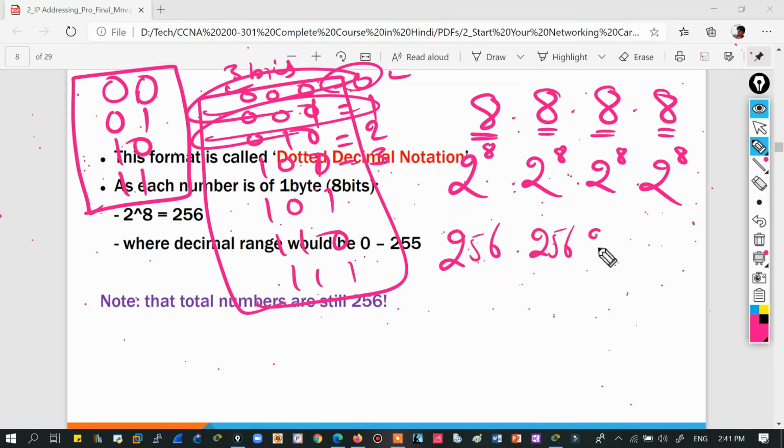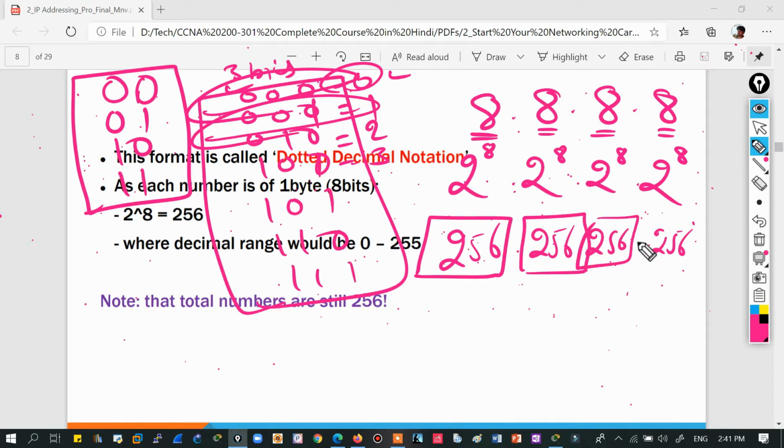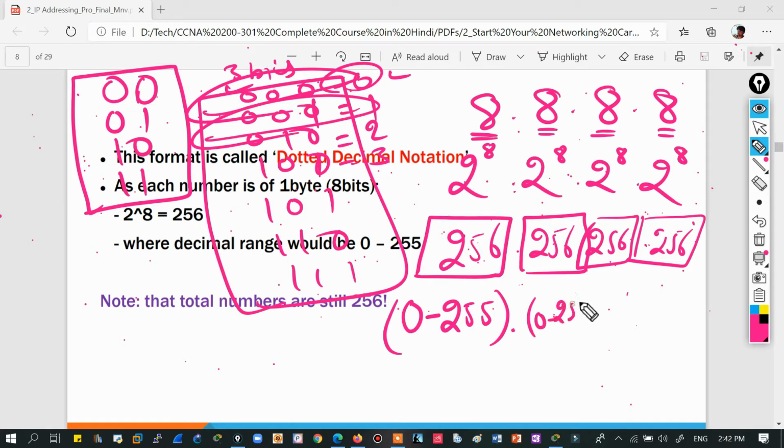In each octet, maximum 256 numbers can come. Just listen to me carefully. In each octet, maximum 256 numbers can come. These 256 numbers are from 0 to 255 in each octet. 0 to 255, 0 to 255, and again 0 to 255, like that.